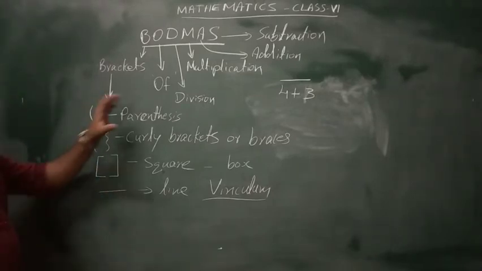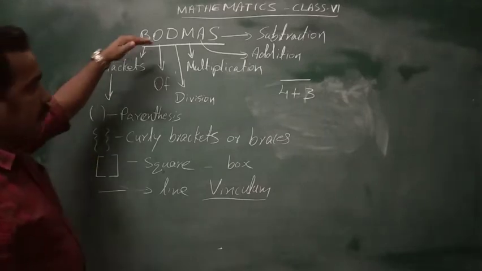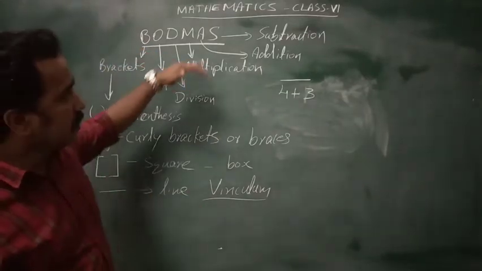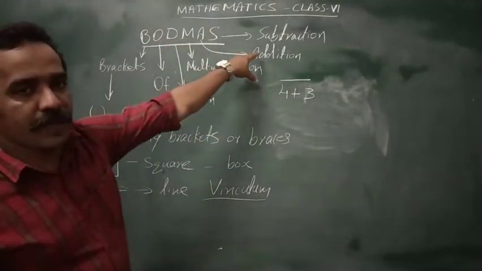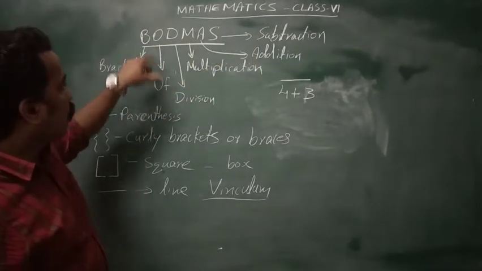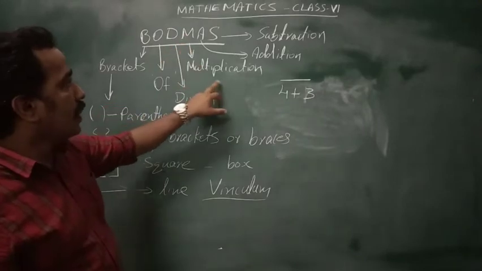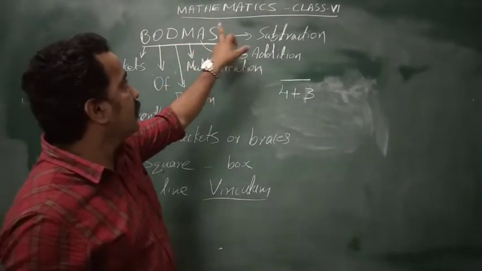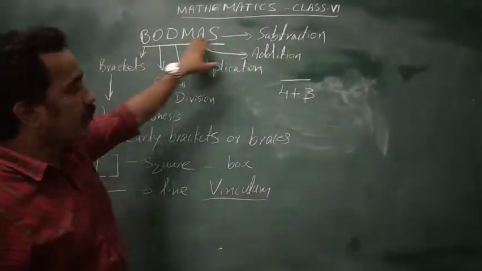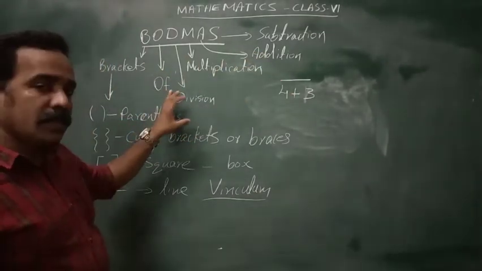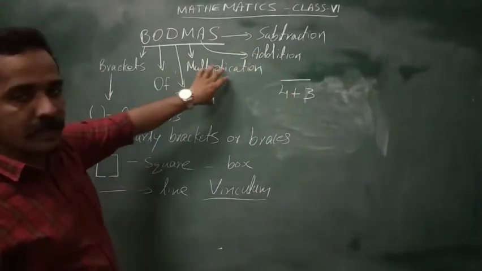Let us solve some examples. We can note it down on this. The BODMAS rule we have to follow. B for bracket, O for of operation, D for division, M for multiplication, A for addition, S for subtraction. In this order we are performing. And in that also some exceptions are there.